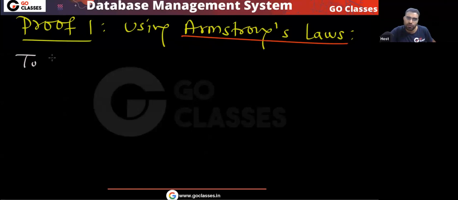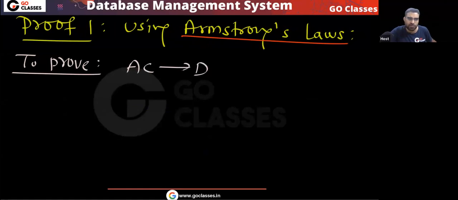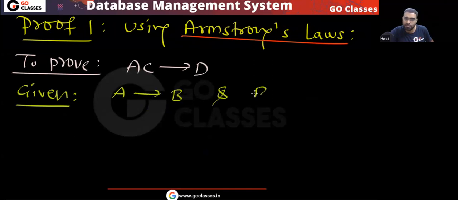First of all, you need to prove that AC determines D. And what is given to you? It is given to you that A determines B and BC determines D. Yes or no?